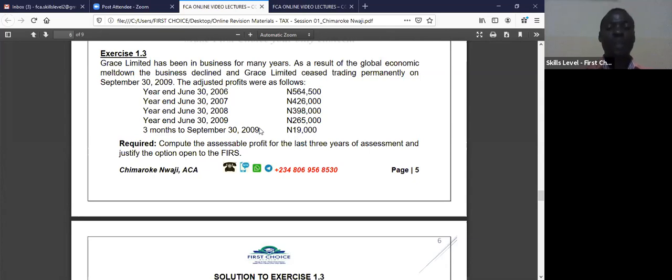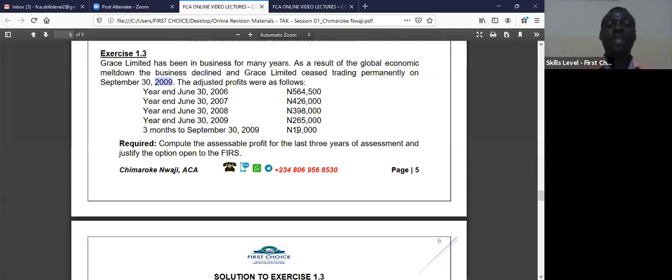So first thing to do is locate the date that the business ends. 2009, September 30. That means the relevant year of assessment, the last of the 3 years, must be 2009. That means the year before 2009 must be the penultimate, 2008. And the year before the penultimate is supposed to be what?